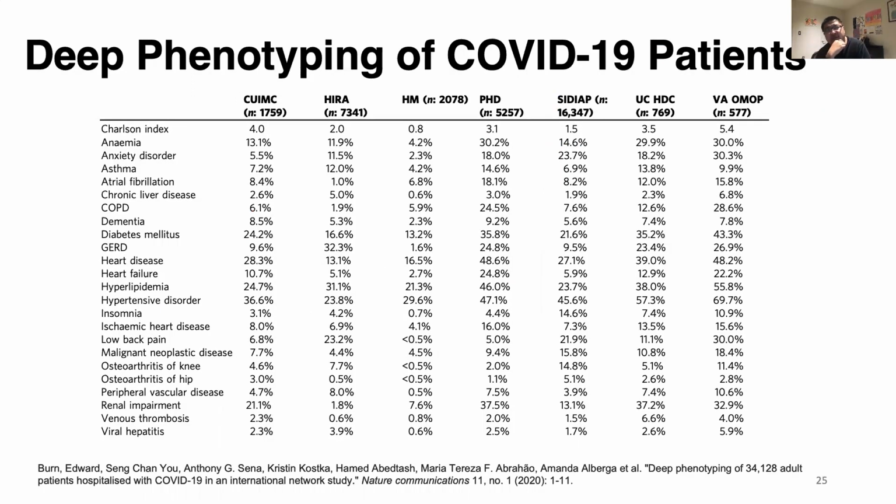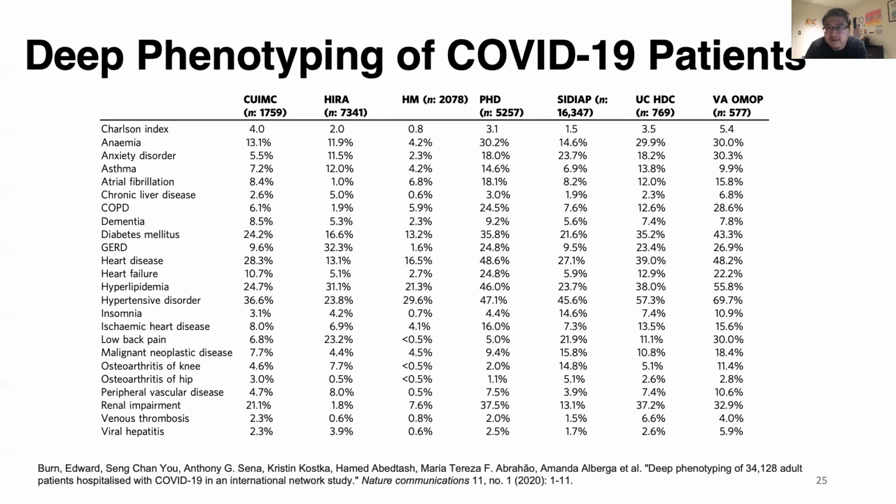So this is another study done by the ATSI folks, where they investigated a total of 34,000 individuals hospitalized with COVID-19 in the ATSI network. And this is a table showing the summary statistics of those patients across different institutions. Here, CUIMC stands for Columbia University Irving Medical Center.